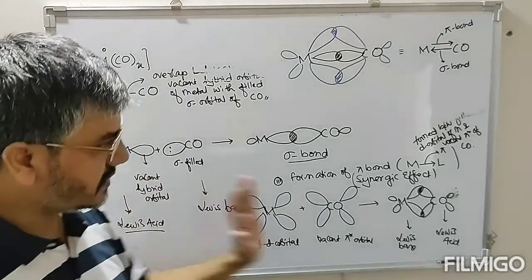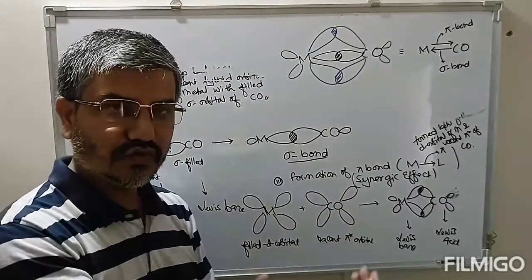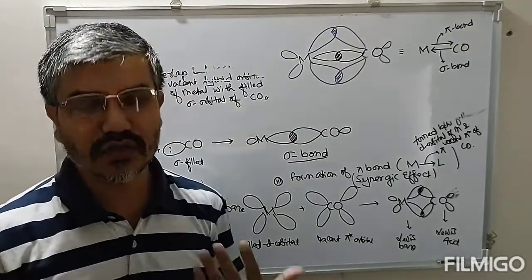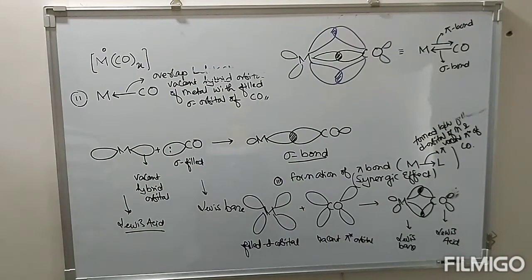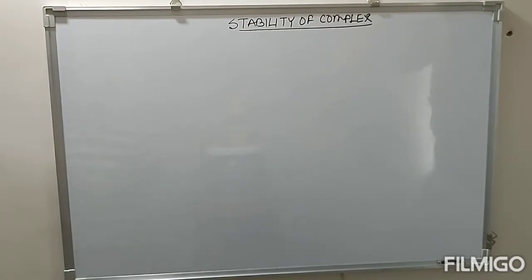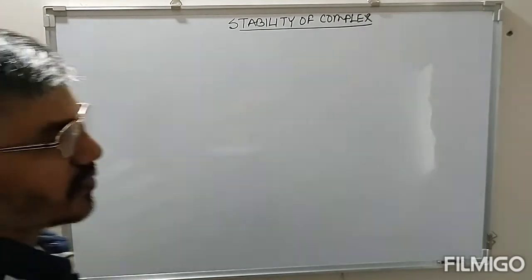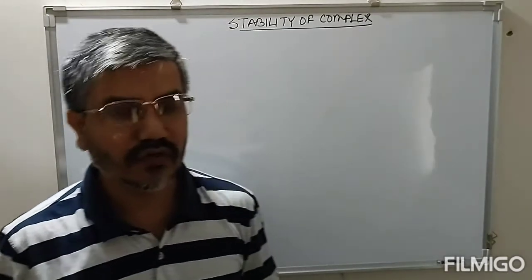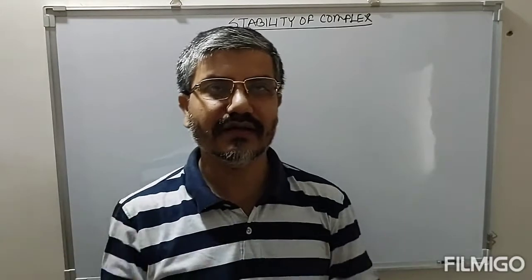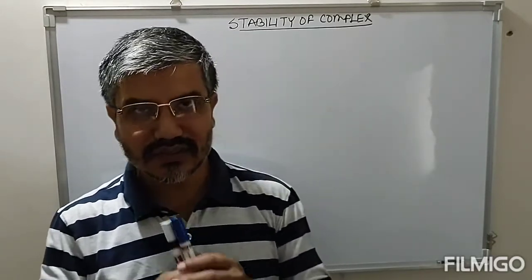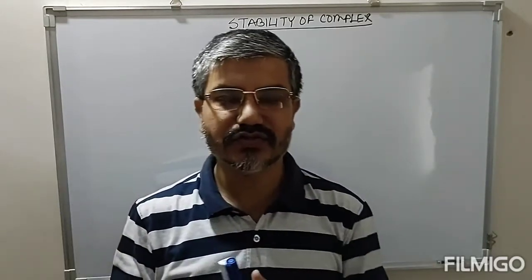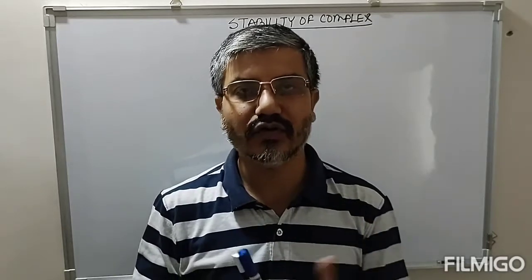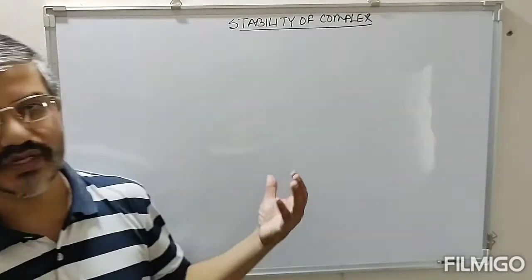Now after metal carbonyls, we'll go to the stability of complexes. Now coming to the stability of complexes, we have a bond between the metal and ligand. This ligand is transferring electrons to the vacant hybrid orbital of the central metal.